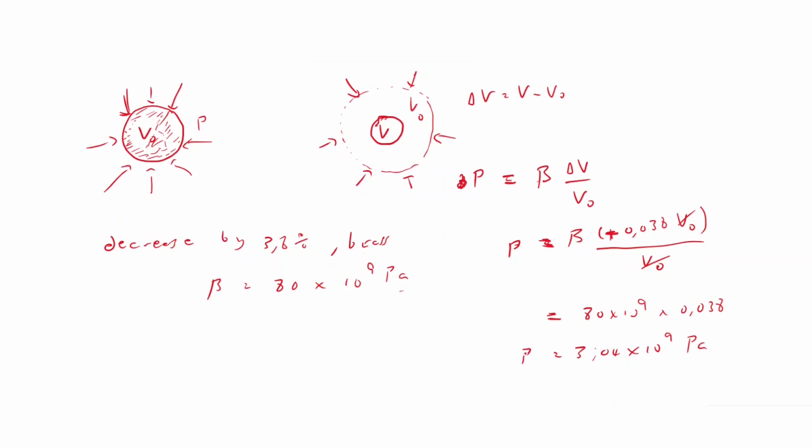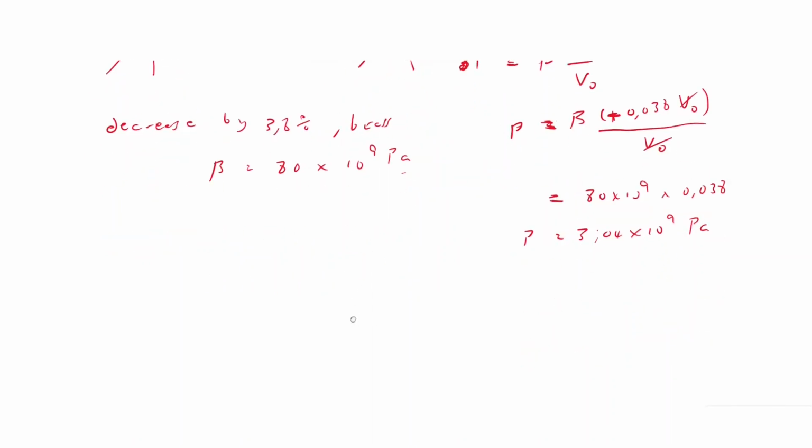So that's how much pressure you must actually apply on brass in order to decrease its volume by 3.8%.